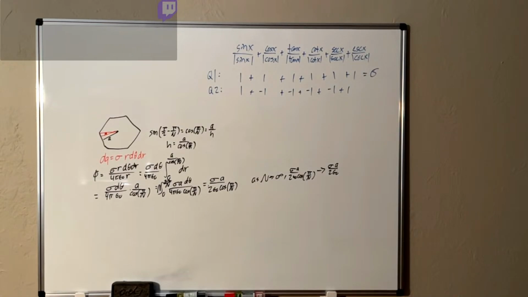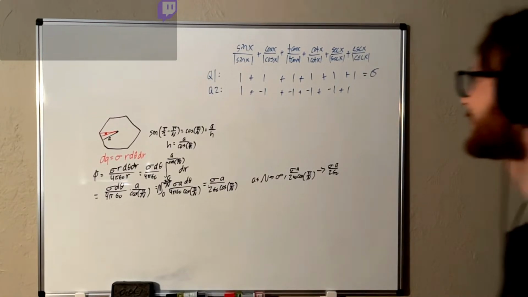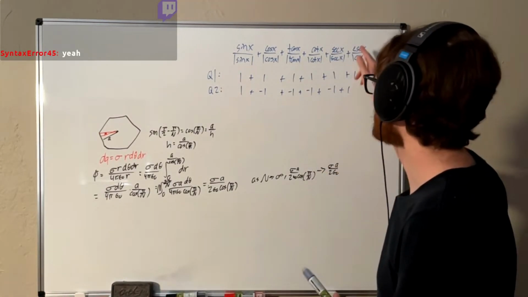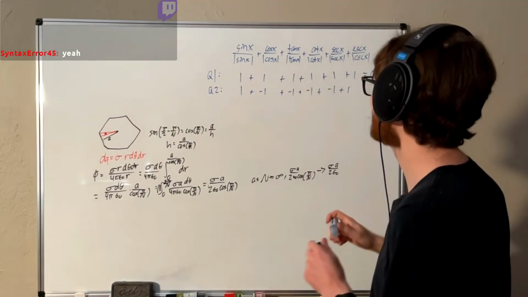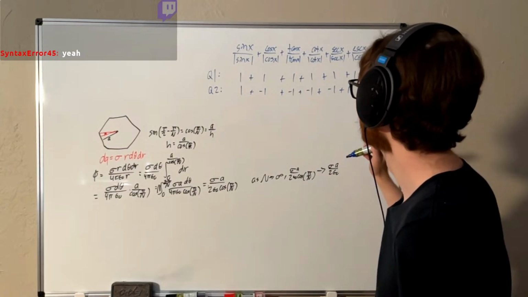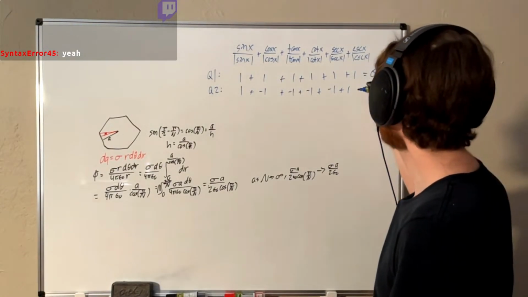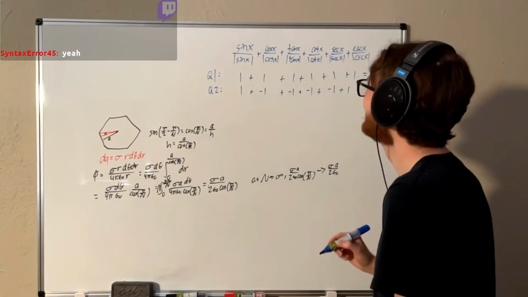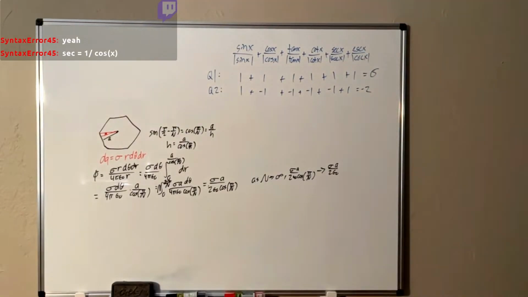Yes, it is. Okay. For some stupid reason, cosecant doesn't go with cosine. But anyway. This comes out to be -2? Does that match with what Femluck said? Okay, yeah.